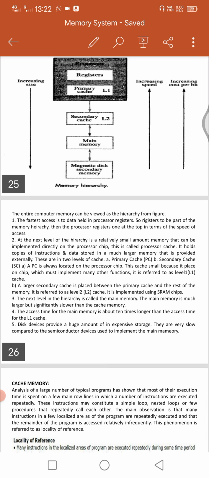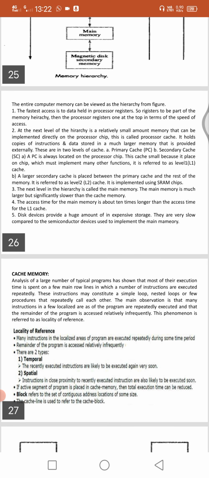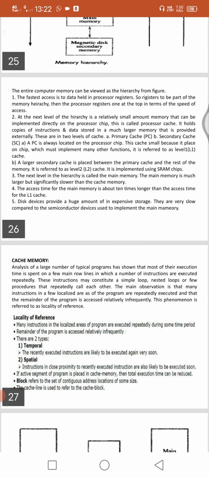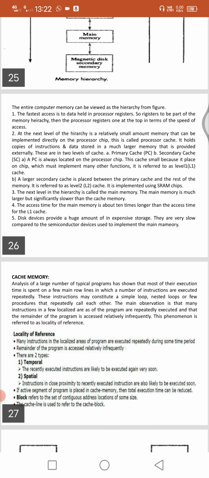If the data or instructions are very large in size, then we go for the secondary cache. That is why we place the secondary cache after the primary cache. It is implemented using SRAM chips.